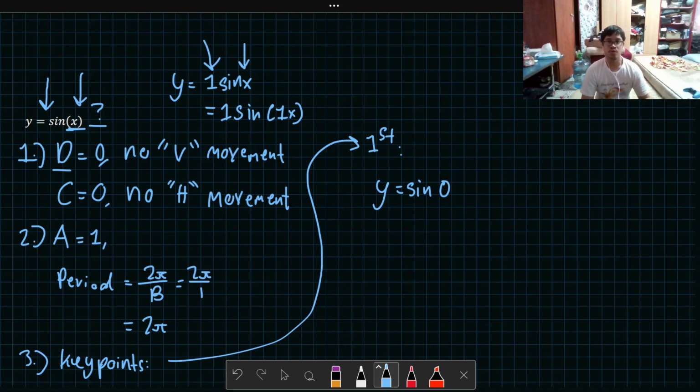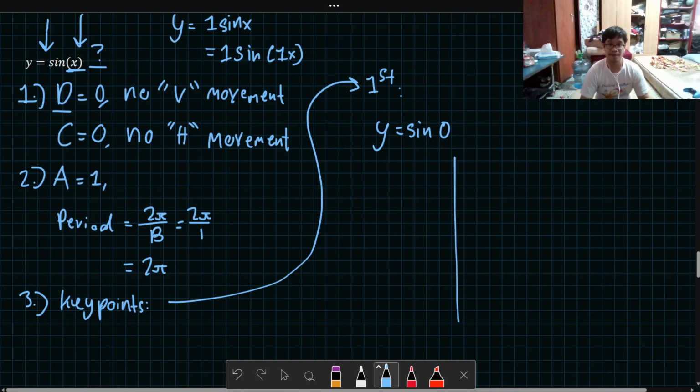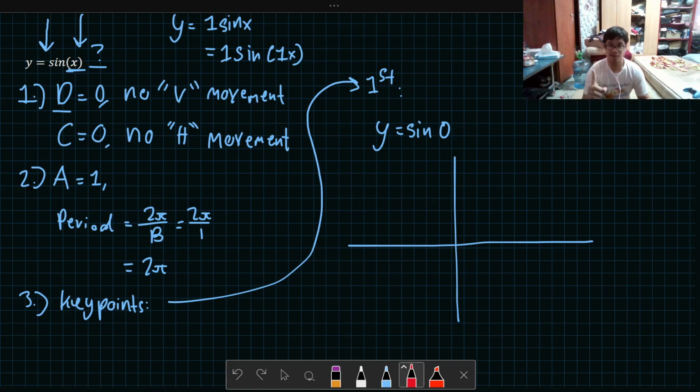One, you will know where the starting point of the graph is, meaning the middle part of the graph. If you're going to graph a trigonometric function, you will always start exactly at the y-axis, whether from here, or here, or here. So that's the first interpretation.